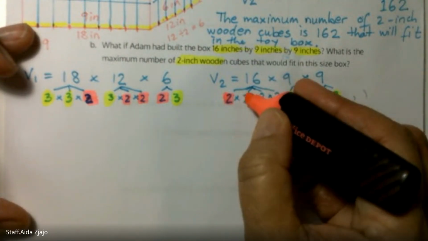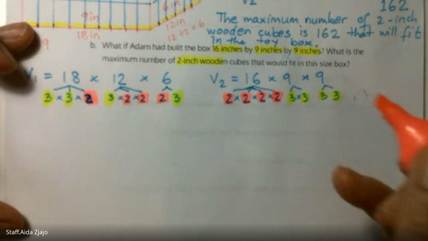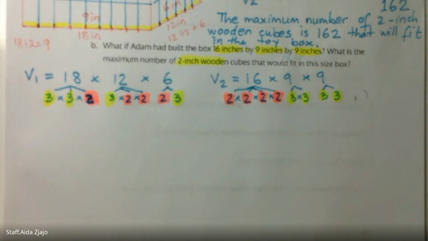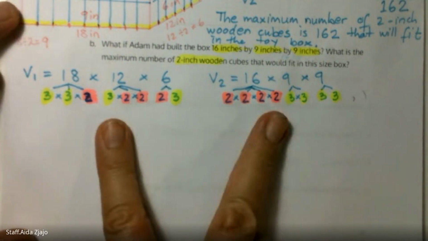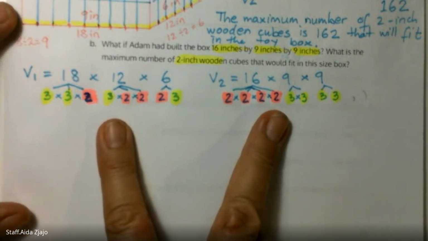And here is 1, 2, 3, 4. So they have the same amount of prime factors, four threes and four twos, which tells me that I don't even need to calculate. I know these are going to be the same volumes.